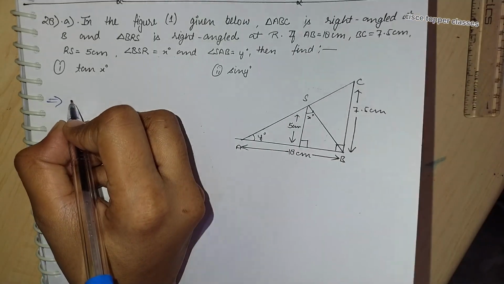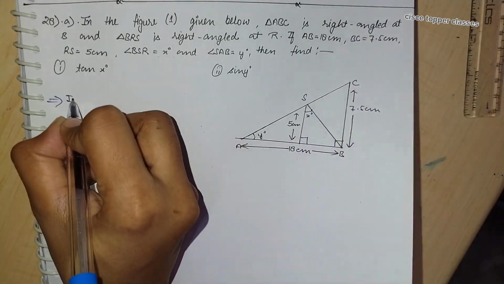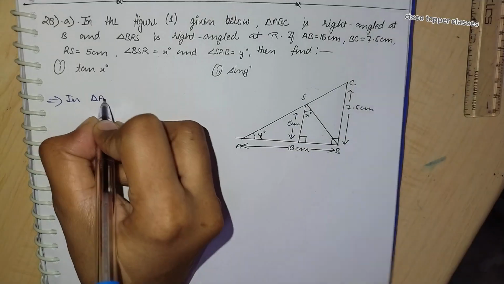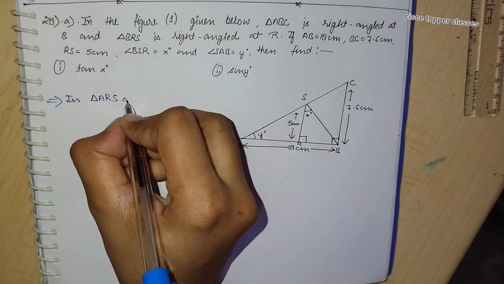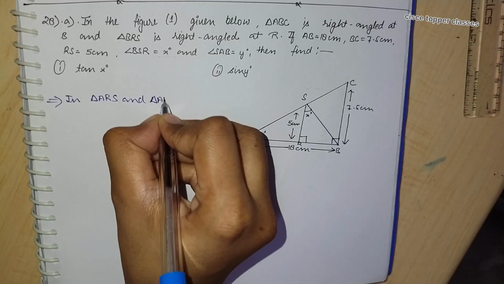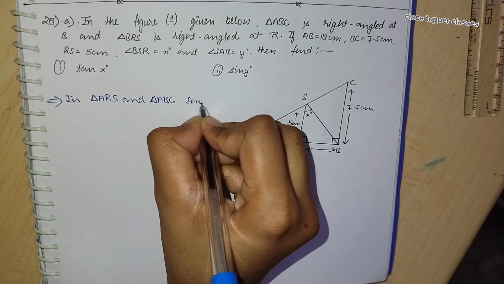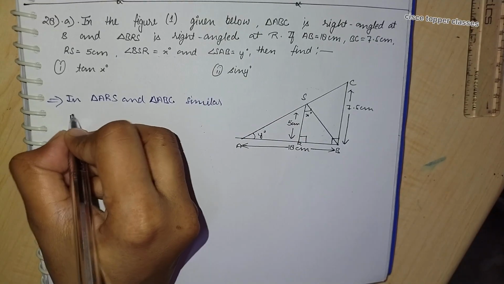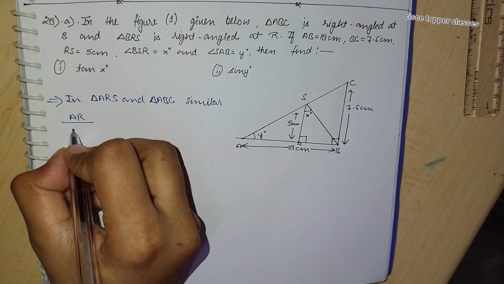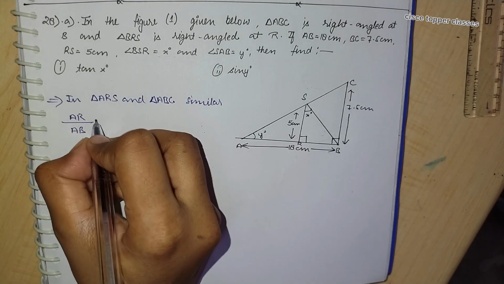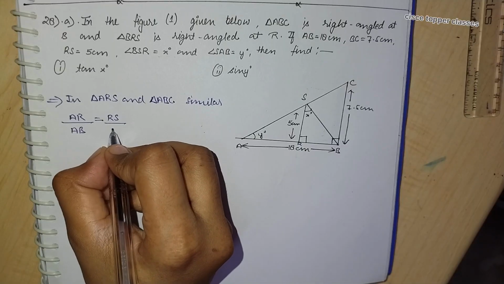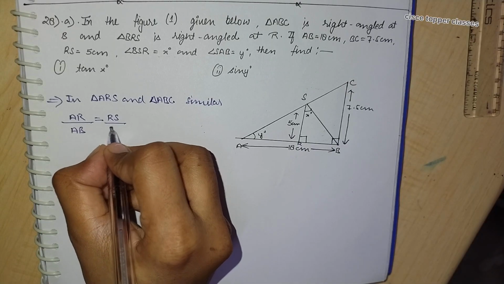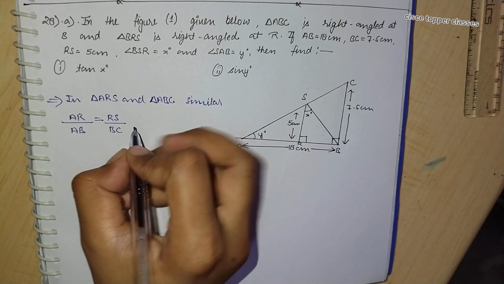So for finding it, firstly, because we know in triangle ARS and triangle ABC are similar, because these two triangles are similar here. We can write AR divided by AB is equal to RS divided by BC.